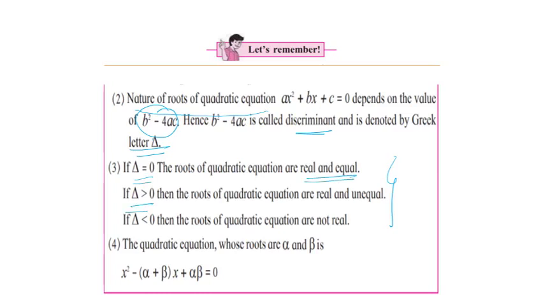If delta is greater than 0, then roots are real and unequal. If delta is less than 0, then roots are not real. And when two roots are given, the required quadratic equation is x square minus (alpha plus beta) into x plus alpha beta equals 0.